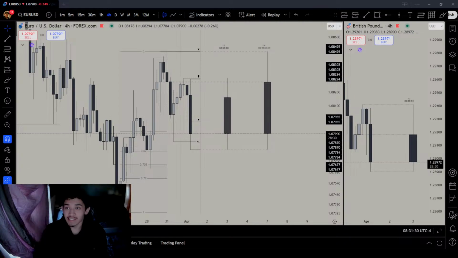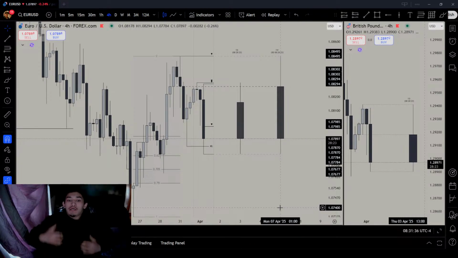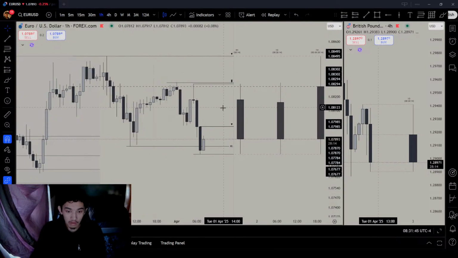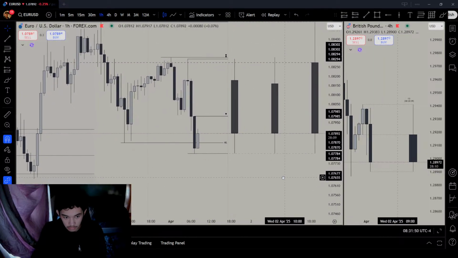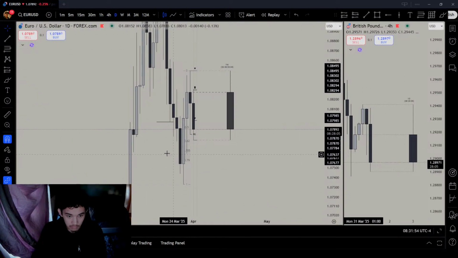Yeah, let's see what's up. Yeah, for this daily CRT, I mean for the daily CRT key level, our key level is gonna be this order block right over here.